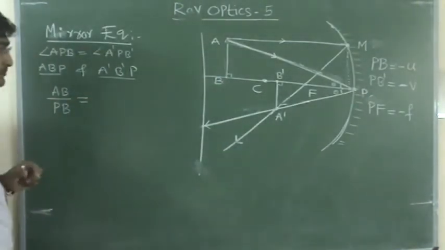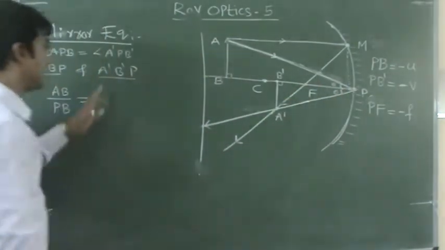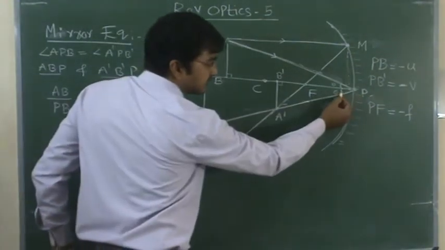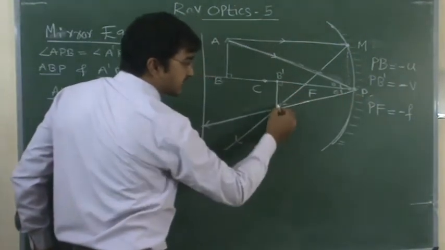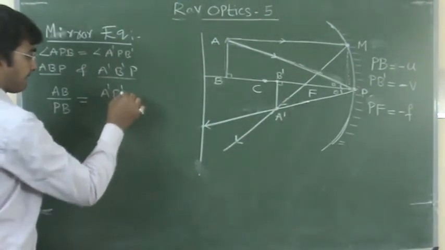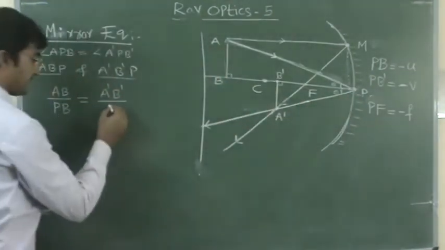For A dash B dash P, tan theta is the opposite side A dash B dash over the adjacent side PB dash.